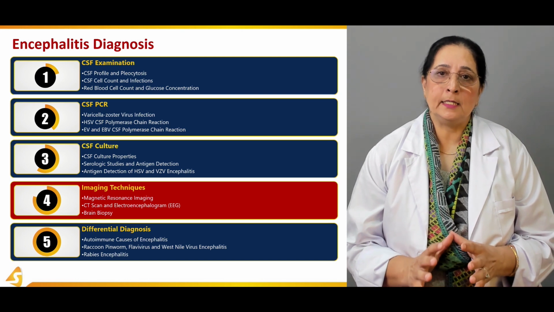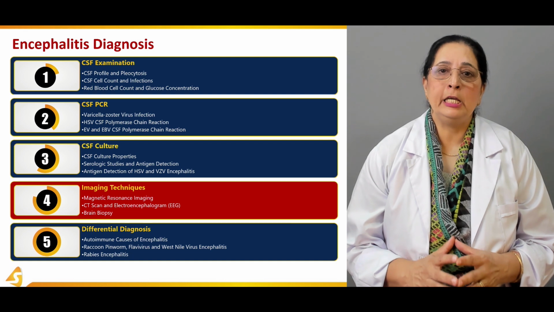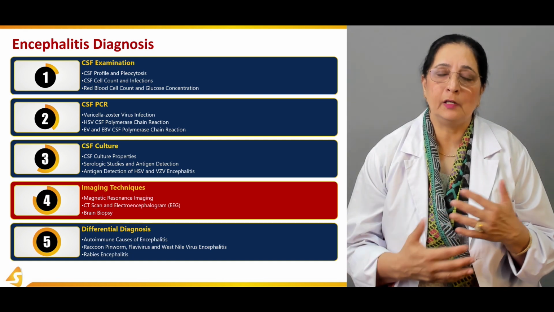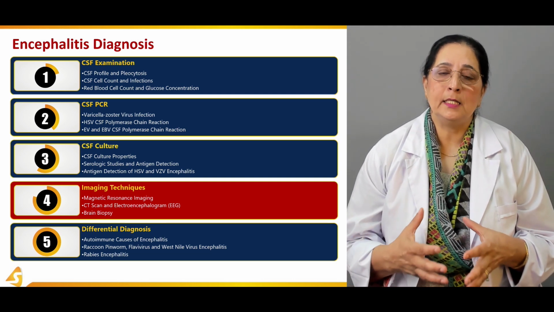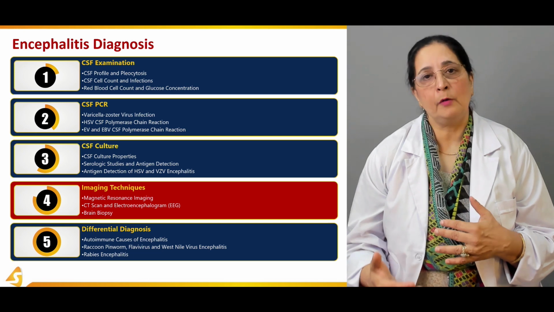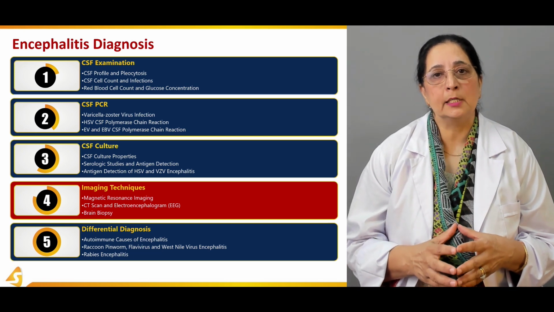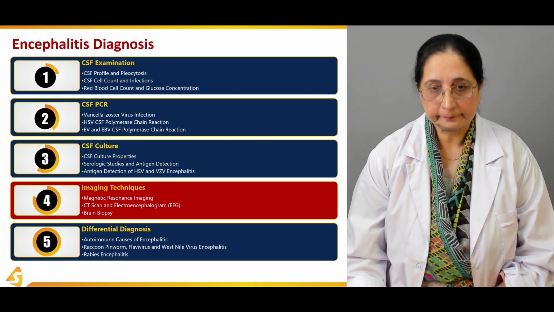And in cases of brain involvement, we have EEG, electroencephalogram, which is the electrical recording of the brain activity that tells us the level of involvement of the brain. It is also an important technique, and also the brain biopsy.